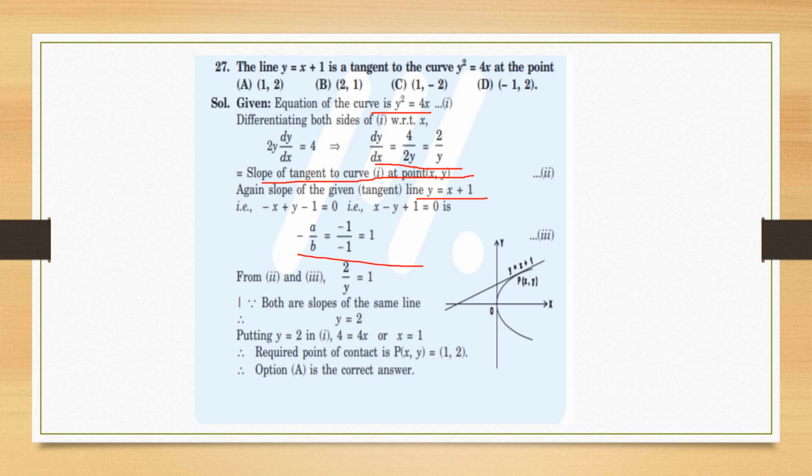As this is the same tangent to the curve, the slopes are equal, 2 by y equal to 1. So y is 2, and x I can get by putting the value back here. So x turns out to be 1. The point of contact is (1, 2). That means option A is my correct answer.